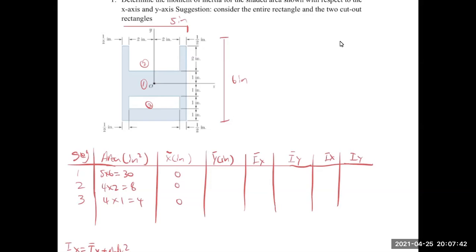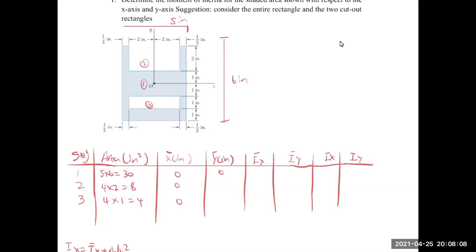And then the y bar is a little different. For segment 1, the y bar will be 0, because the y bar is the distance from the segment's centroid to the origin, and segment 1 is already the center of the composite body. So its x bar and y bar will be 0.